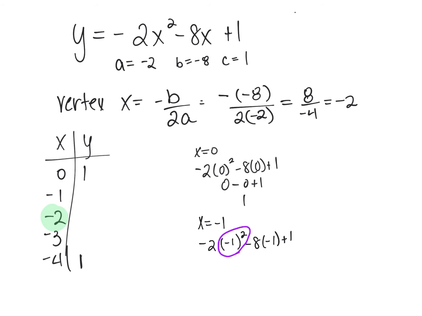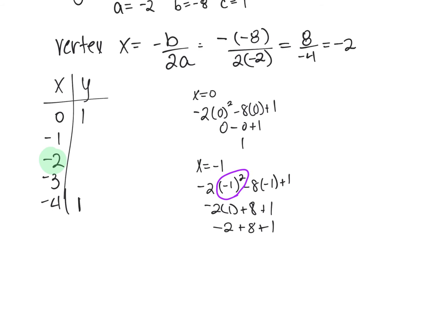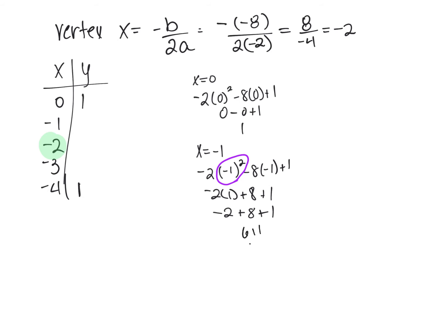There's nothing to do inside the parentheses. So that's negative 2 times 1 plus 8, because negative 8 times negative 1 is positive 8, plus 1. Negative 2 plus 8 plus 1? 7. Right, 6 plus 1 is 7. So I get 7. And what other x value will also have a y value of 7? Negative 3.